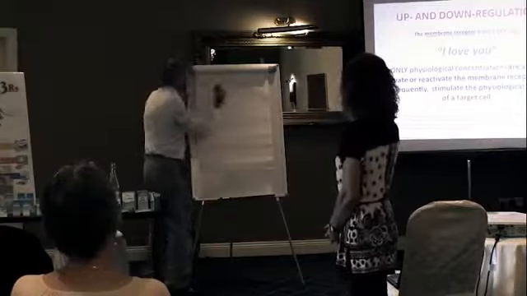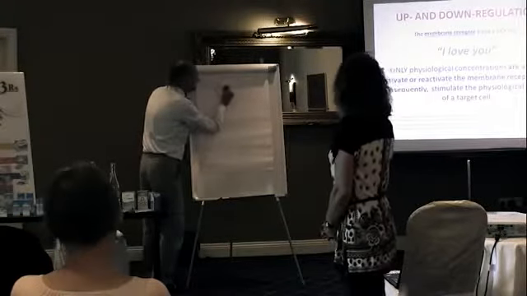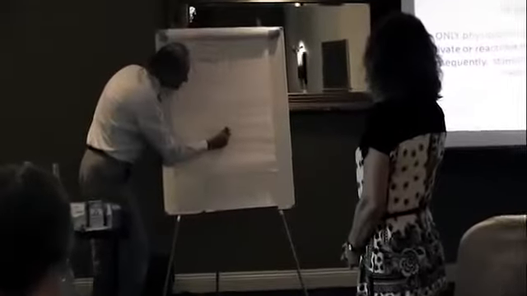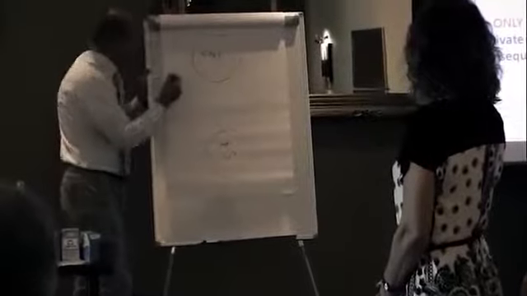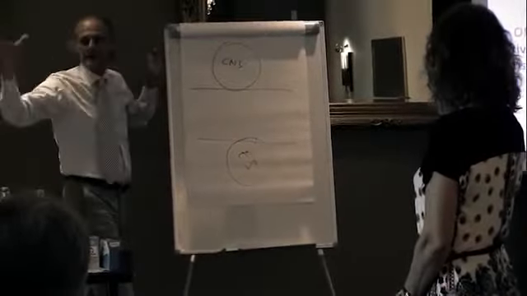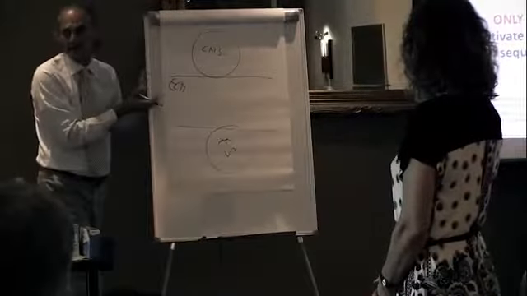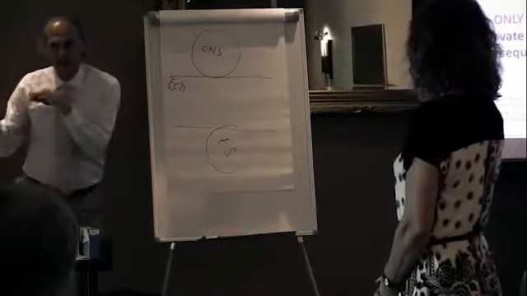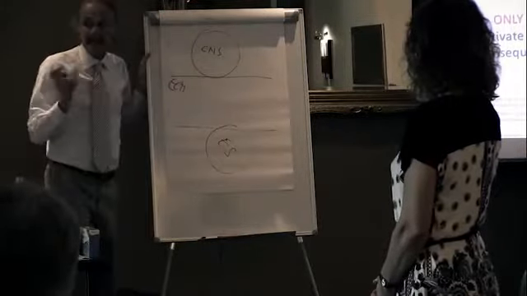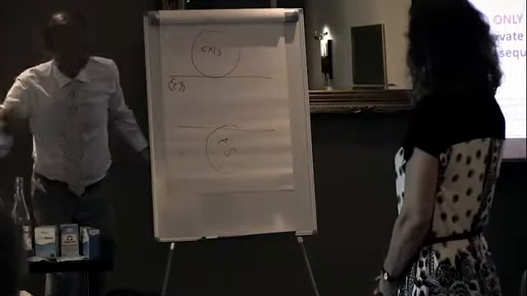This is a cell. For instance, a cell of the central nervous system. This is a cell of the endocrine system. Between the two cells, we have the environment. In our body, the environment is the extracellular matrix, the microenvironment. The cells can speak to each other using which kind of words?